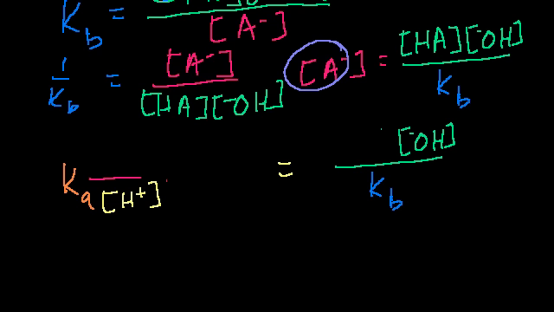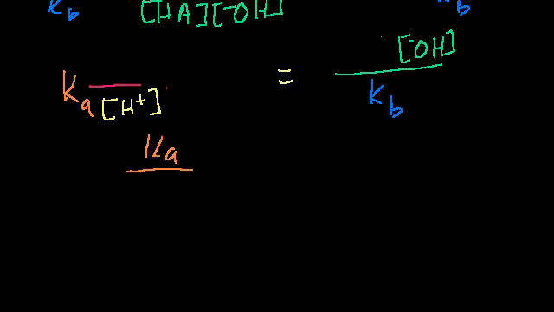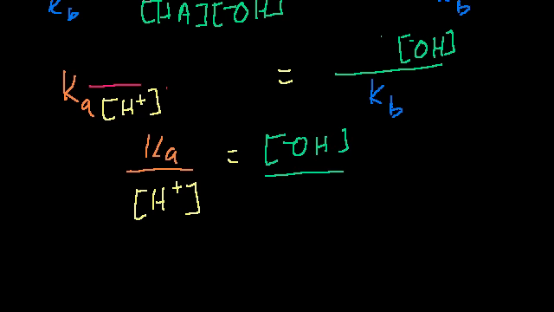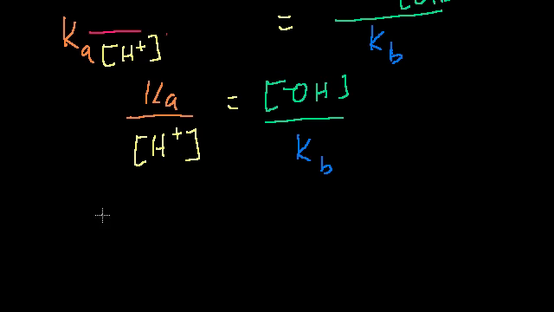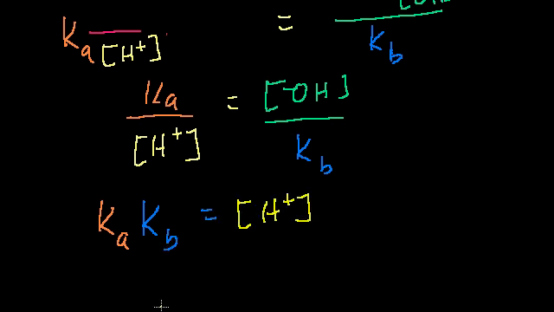And we're getting pretty close to a neat relationship. So we get Ka over our hydrogen proton concentration is equal to our hydroxide concentration divided by Kb. We can just cross multiply this. So we get Ka times Kb is equal to our hydrogen concentration times our hydroxide concentration.